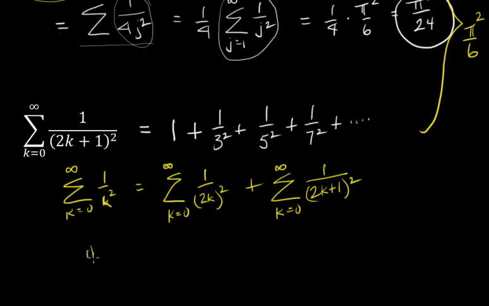And we know that this one is pi squared over 6. And this one here was pi squared over 24.